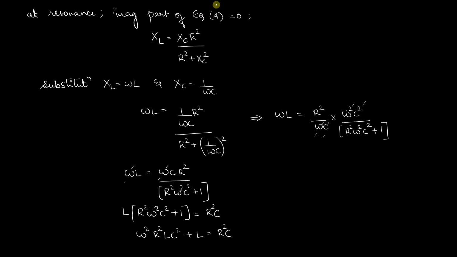So doing that, I will get omega square R square L C square to be equal to R square C minus L.